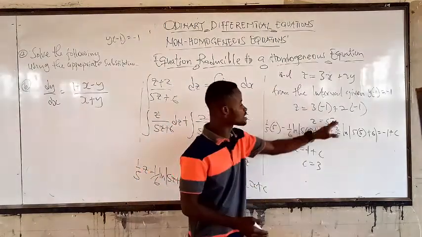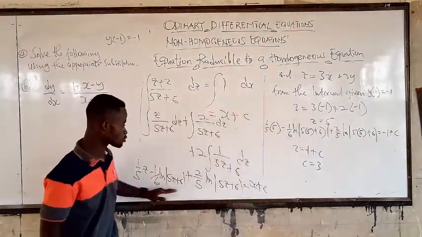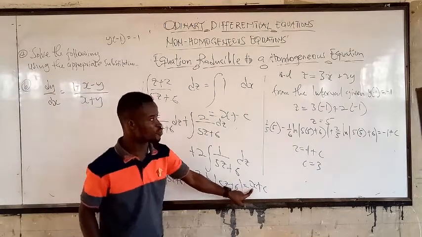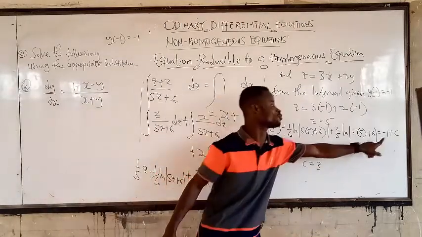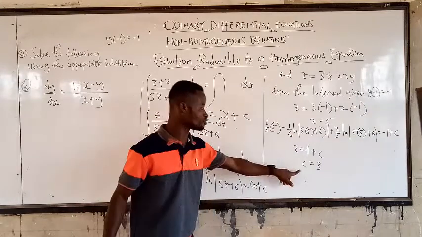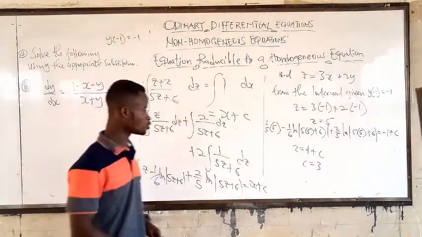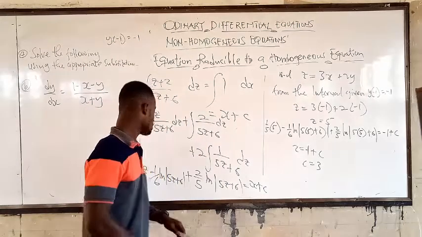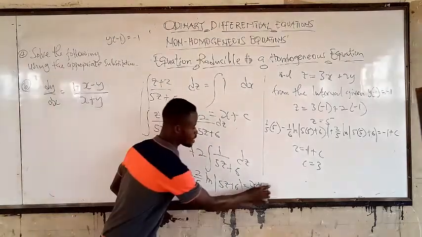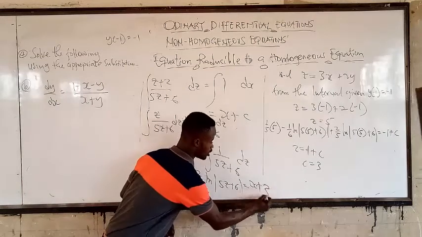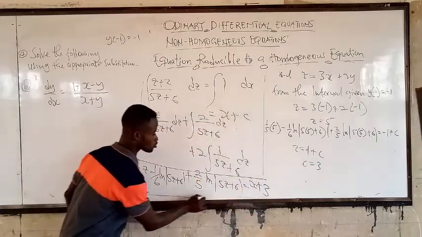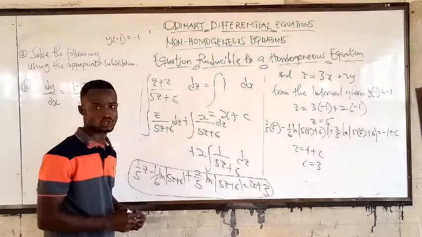But when you first find z to be 5, and you go and do the substitution here, you see that the x here, you replace it by the -1. And that is also going to give you the answer of what? 3. So the same thing. Very good. Then, after you are done, then you come and replace the c back, which is 3. So this becomes your particular solution.